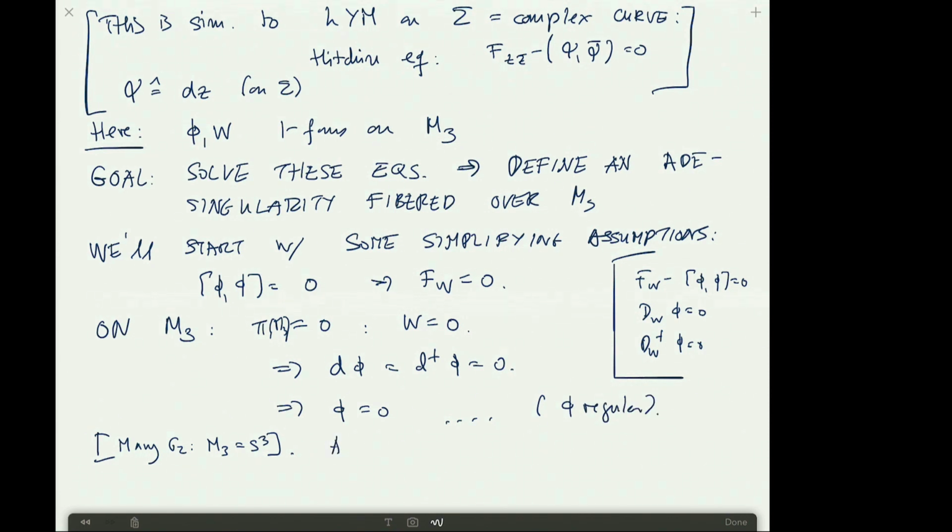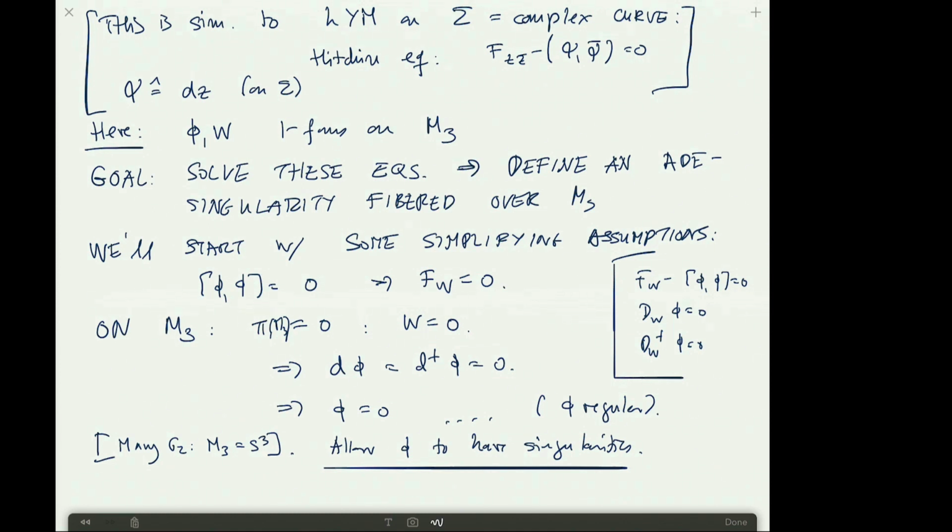So we could allow for phi to have singularities. And this is actually natural, so if you have studied F-theory local models, phi has poles there as well, so this is something very natural to consider. So we'll relax this condition that phi is regular and allow for singularities, and then ask what kind of equations we are solving then.